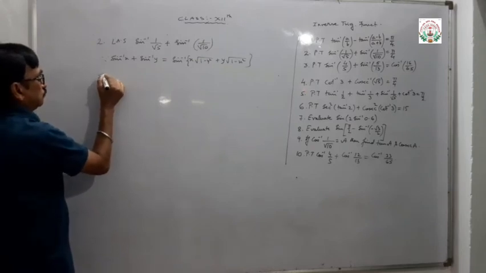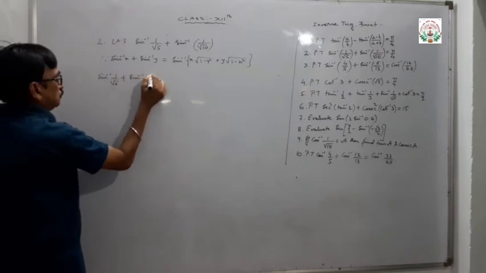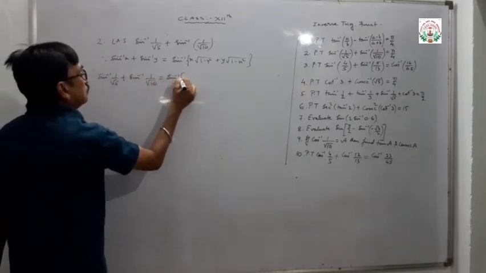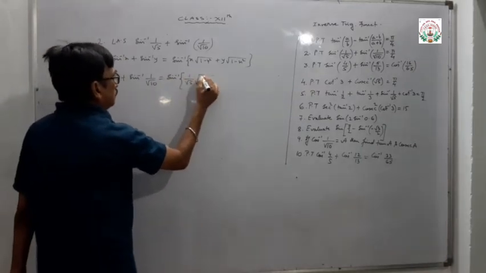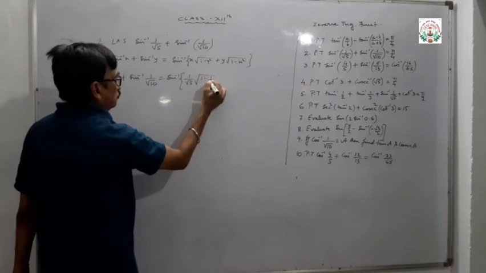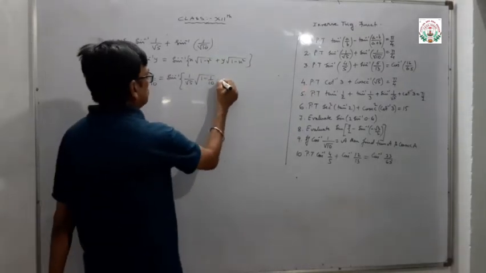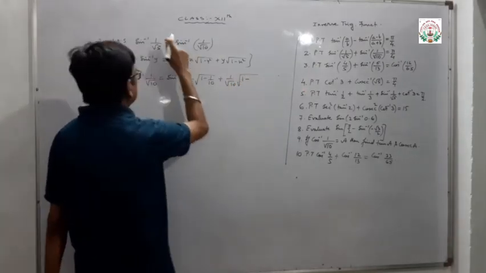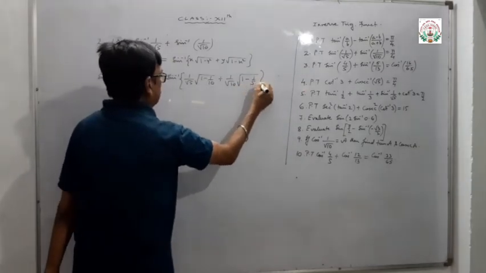So, sine inverse of 1 by root 5 plus sine inverse of 1 by root 10 equals sine inverse of x, 1 by root 5, under root 1 minus y square. 1 by root 10 the whole square will become 1 by 10, plus y, 1 by root 10, under root 1 minus x square. 1 by root 5 the whole square will become 1 by 5.